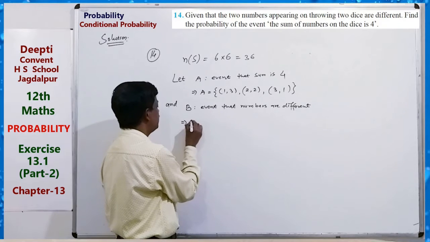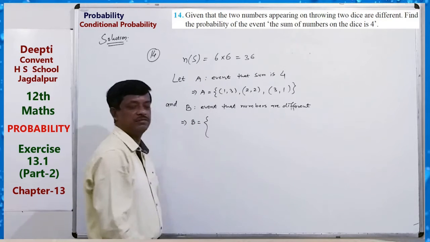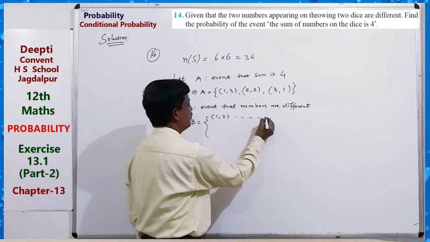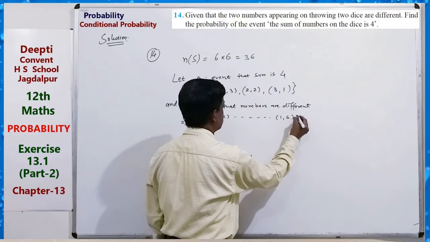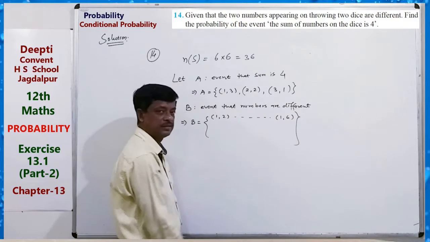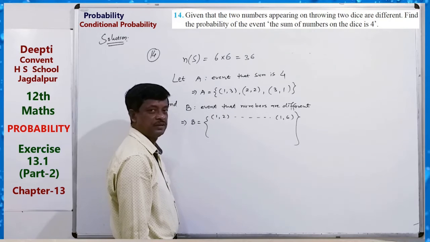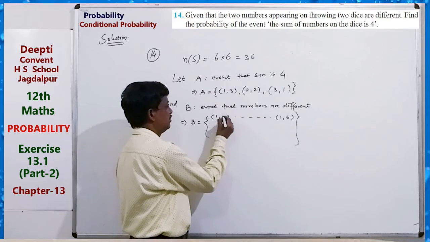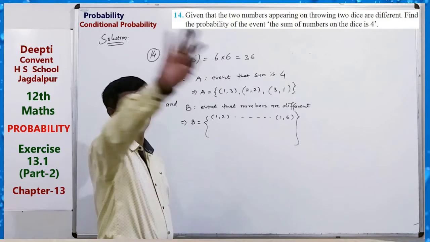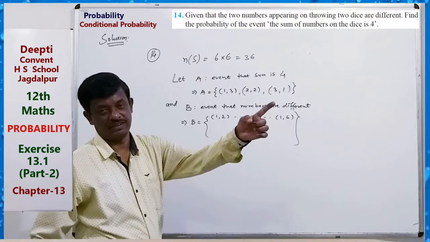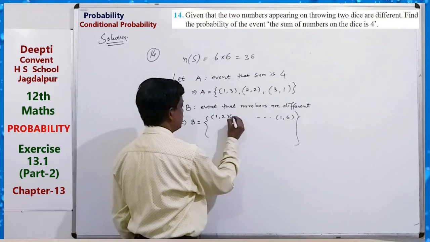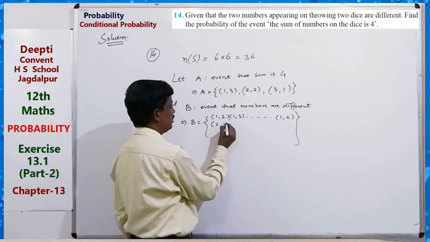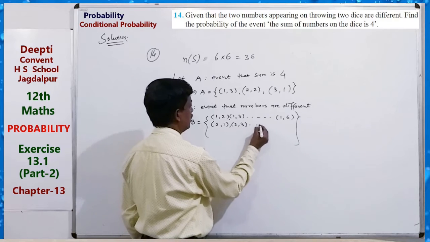So different numbers can be collected. Here the first number from 1 to 6. Not 2, 2, but 2, 1 and 2, 3.